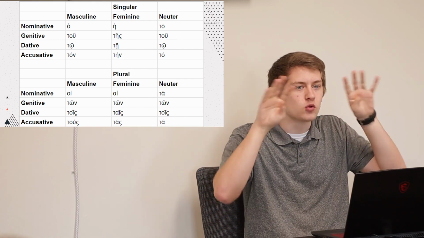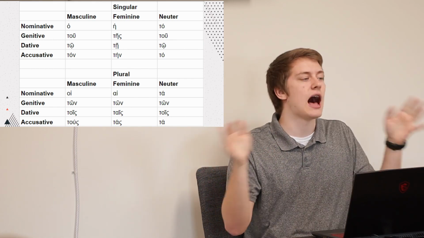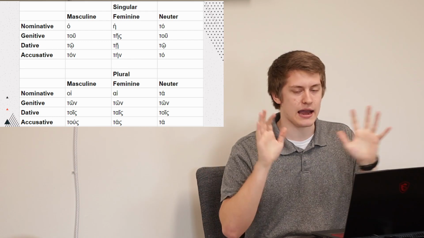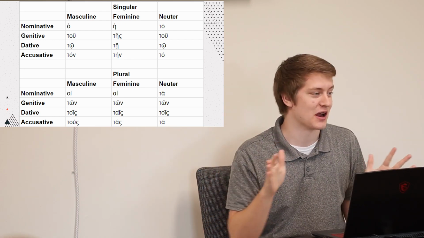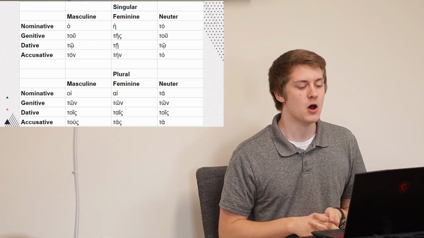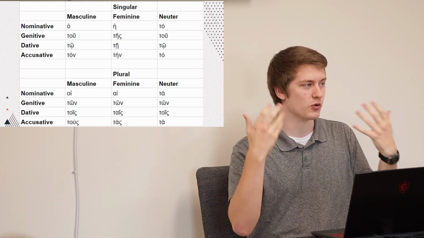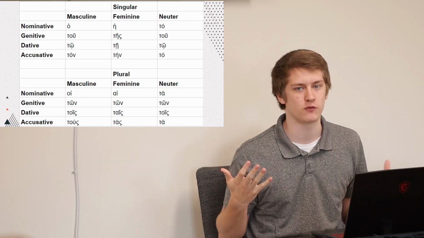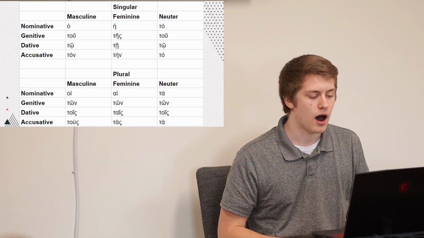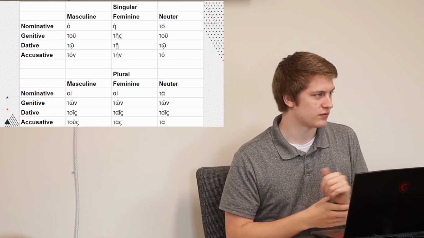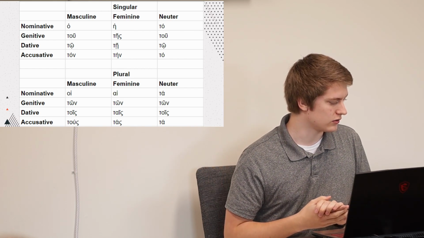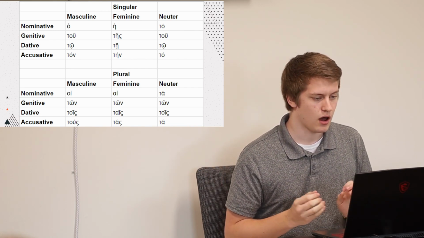So even though we say there are 24 forms, there's a lot of overlap within these forms. And I probably should say, I don't expect you to memorize these up front, but I just wanted to show you how this breaks down, once we have all the pieces for all the different forms that could appear for a word. So that's just the article as we look around at it.